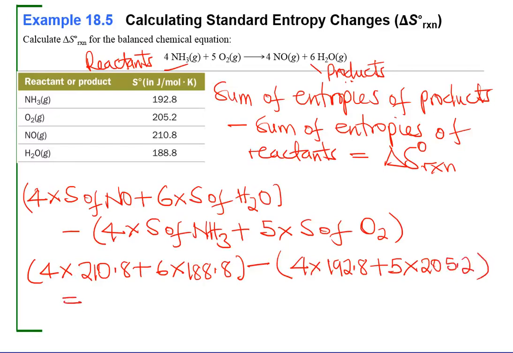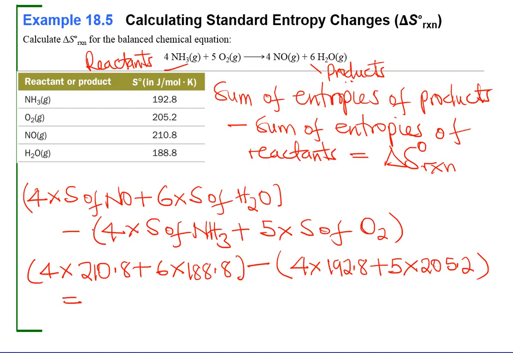So when I do that, I will just make a calculation here. 4 times 210.8 plus 6 times 188.8, parentheses, minus, parentheses, 4 times 192.8 plus 5 times 205.2.